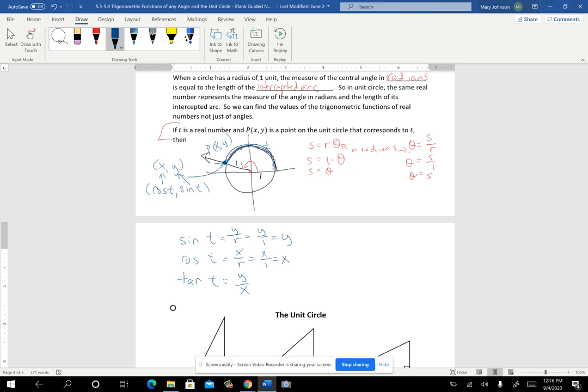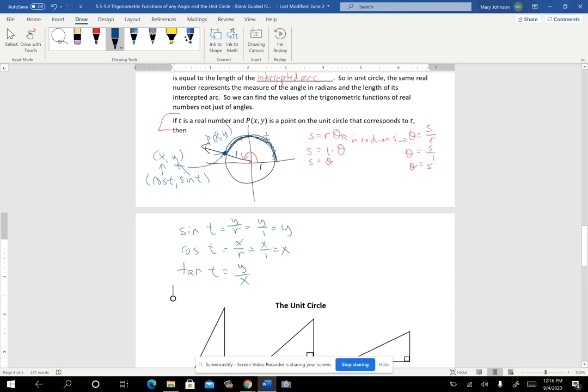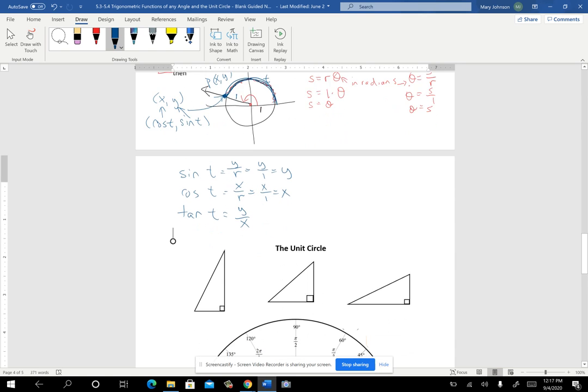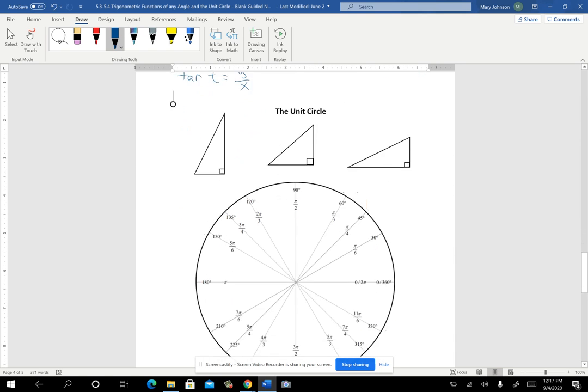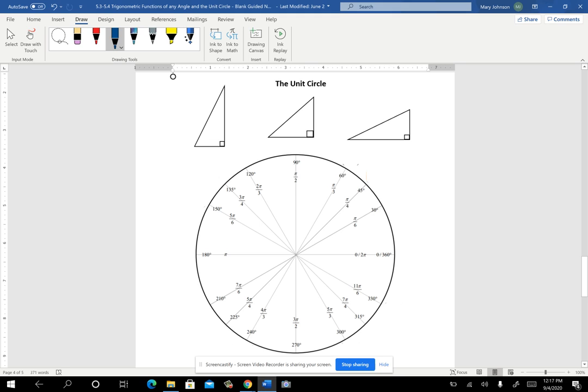So what I want to do in this video is work on developing the unit circle, thinking about how to create it. And so one of the things you need to know is what the sine and cosine for the special angles are, because that's what you're showing on this circle.